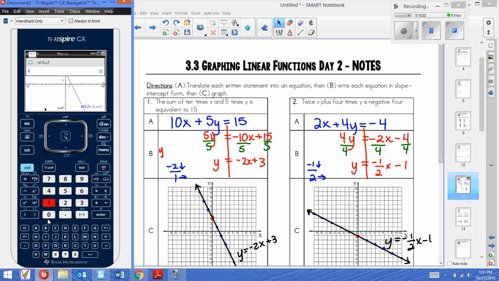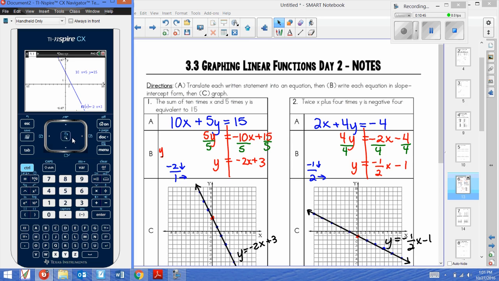So let's type in 10x plus 5y equals 15. And then you hit enter, and it actually shows right up on top of the other graph because we moved our y all alone correctly.